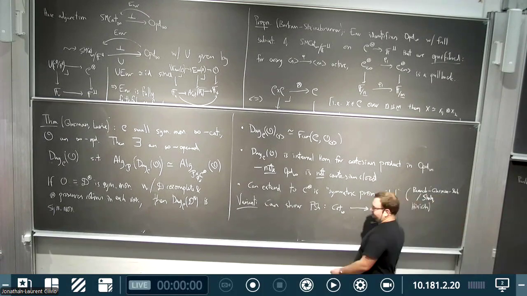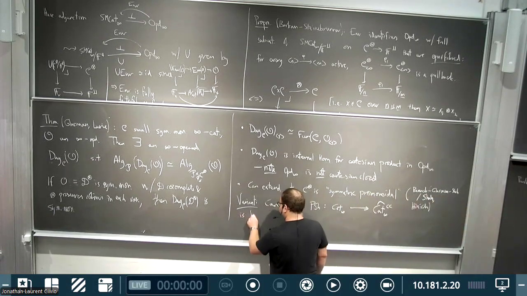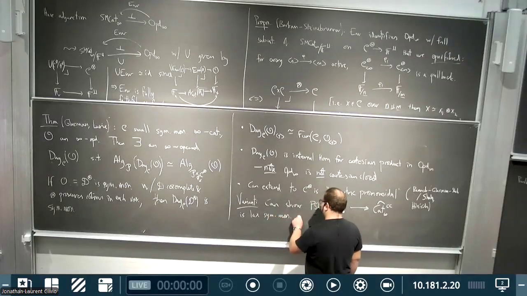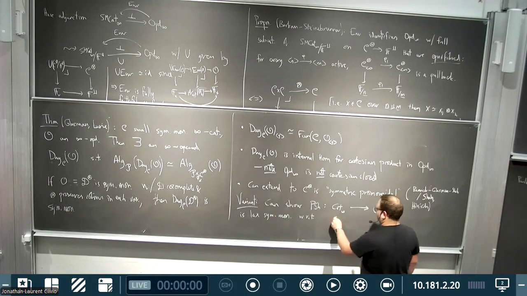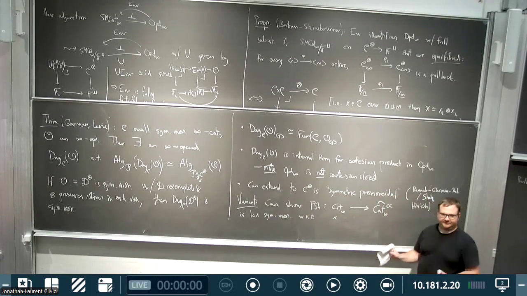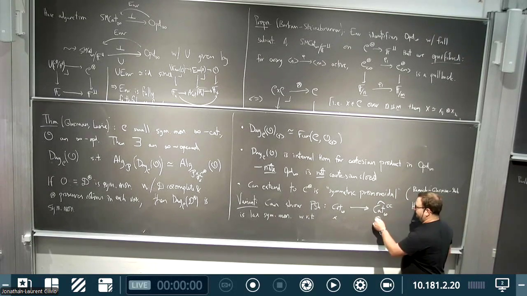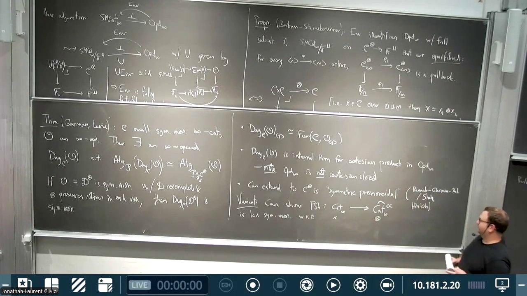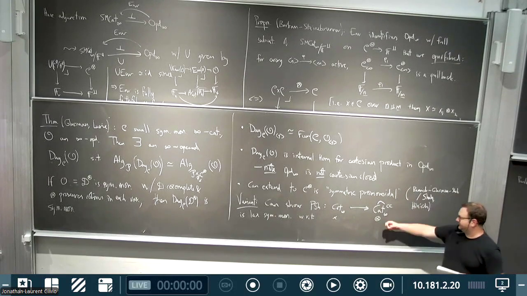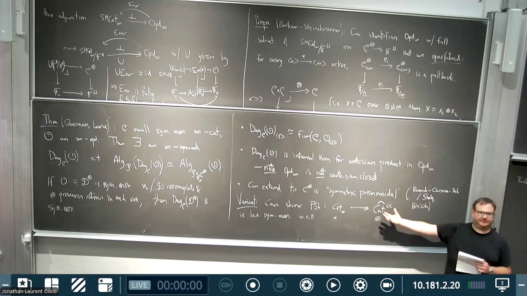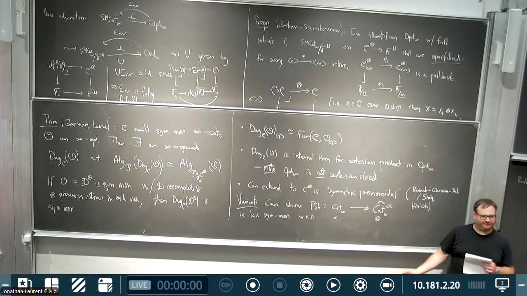This is lax symmetric monoidal with respect to the Cartesian product of infinity categories and this cocomplete tensor product that I introduced at the very end of yesterday's lecture. This is the tensor product such that colimit-preserving functors out of C tensor D are the same as functors out of C cross D that preserve colimits in each variable.